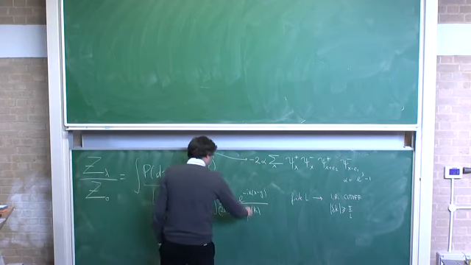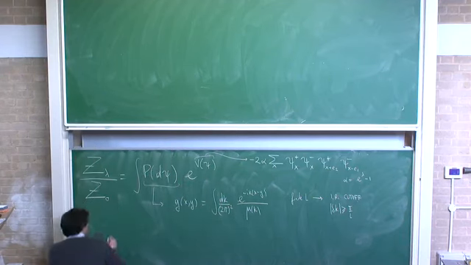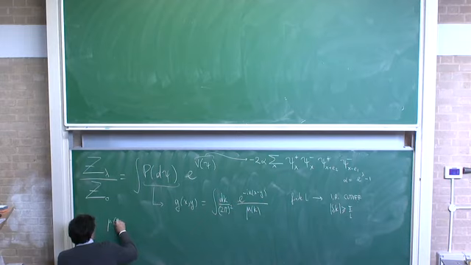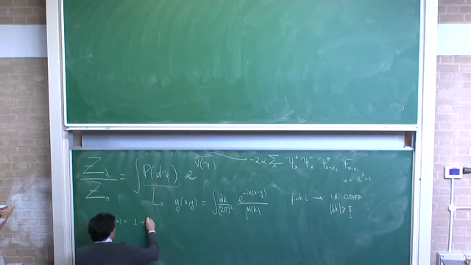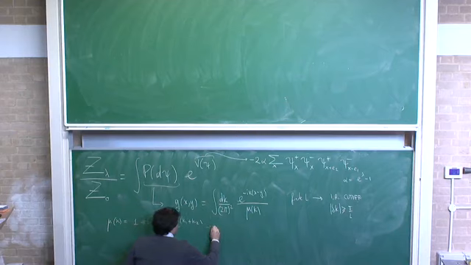The reason why I say that is that this mu of k has singularities. So mu of k is equal to 1 plus i e to the i k1 minus e to the i (k1 plus k2) minus i e to the i k2.